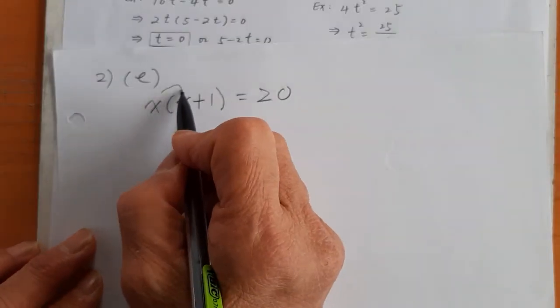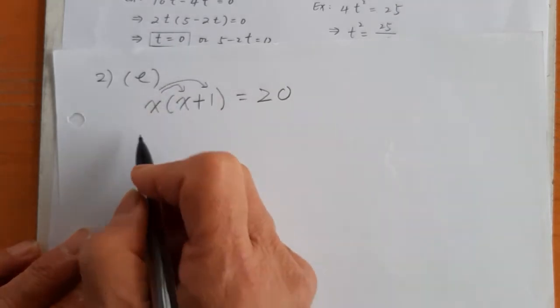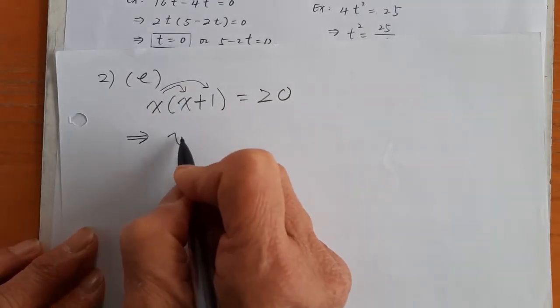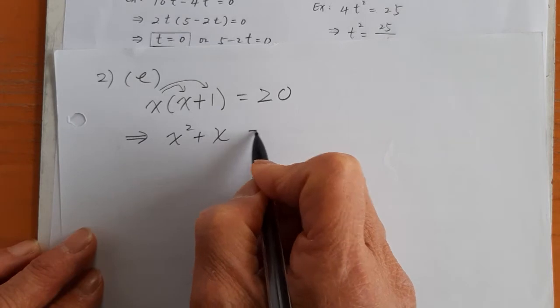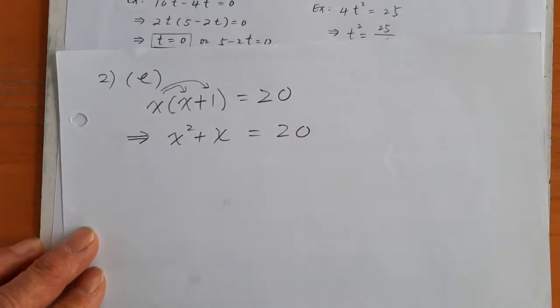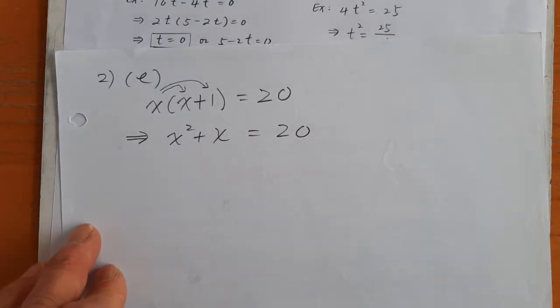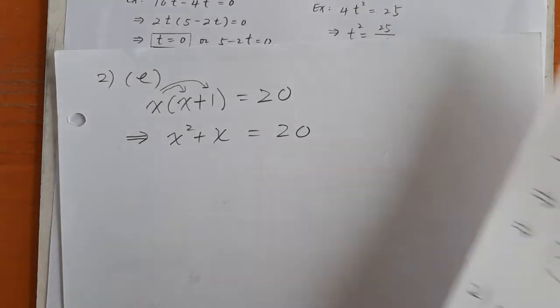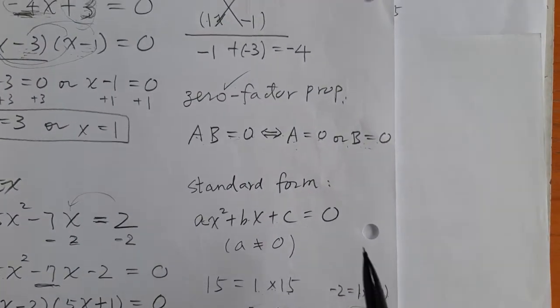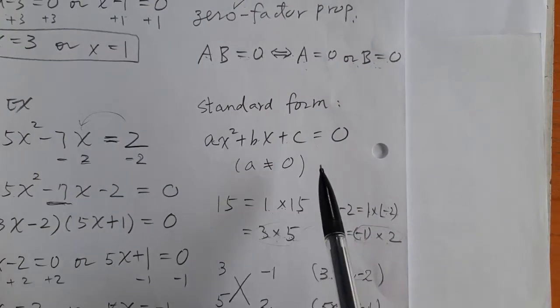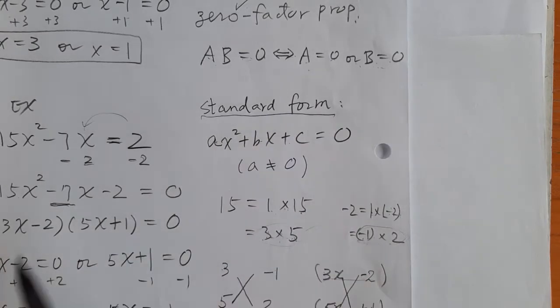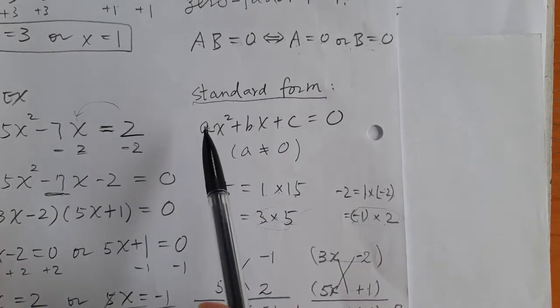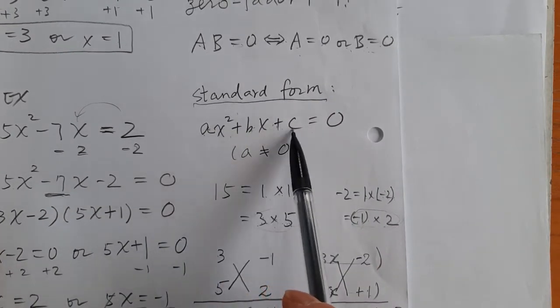So we need to distribute, multiply out. Get x squared plus x equals 20. Then we need to put it into the standard form of a quadratic equation, which is ax squared plus bx plus c equals 0.